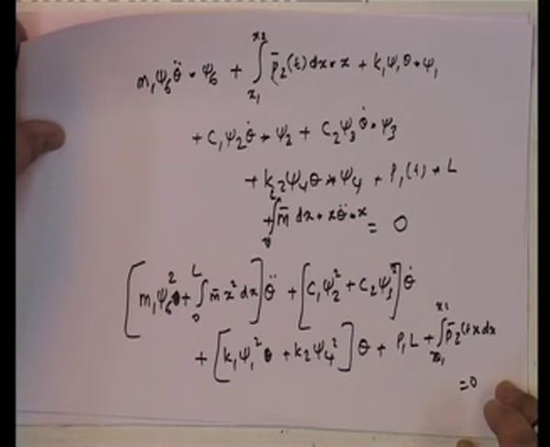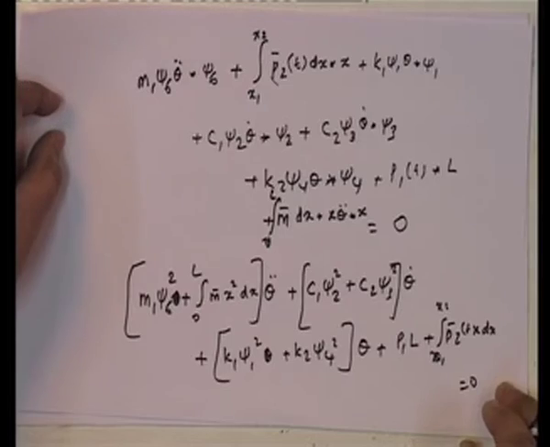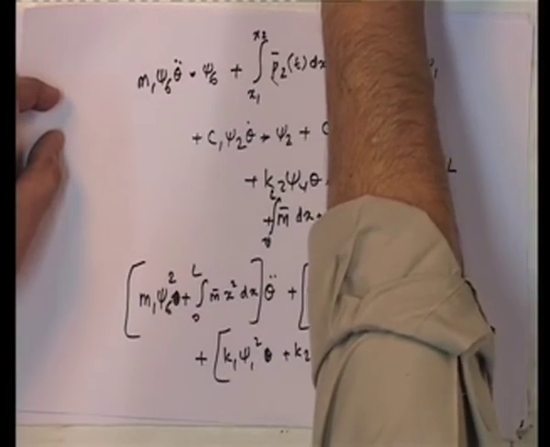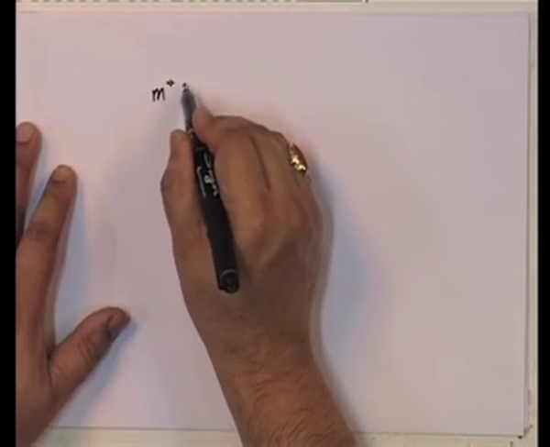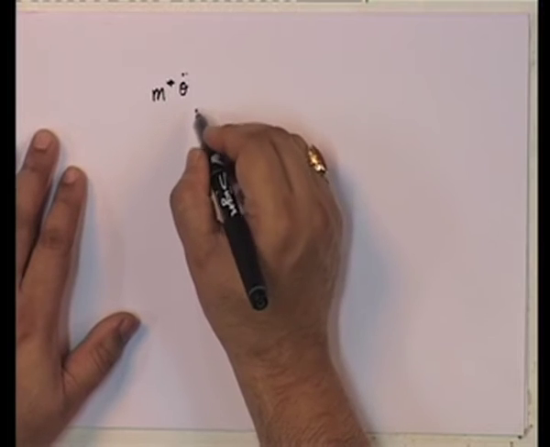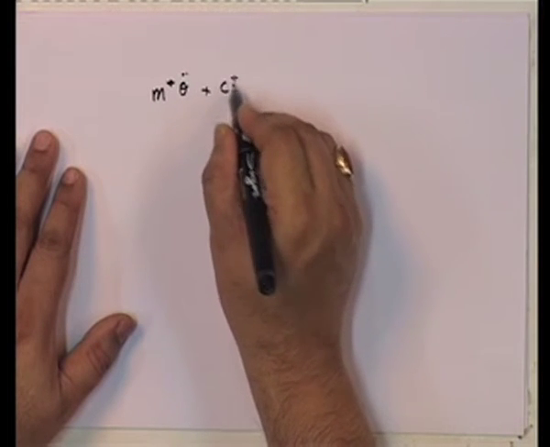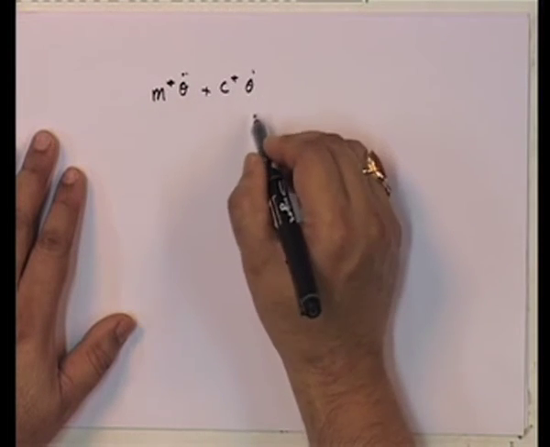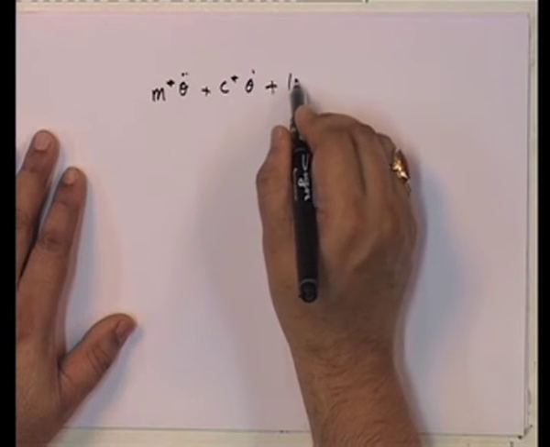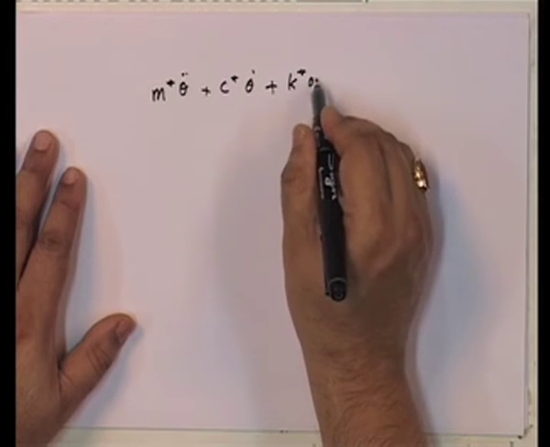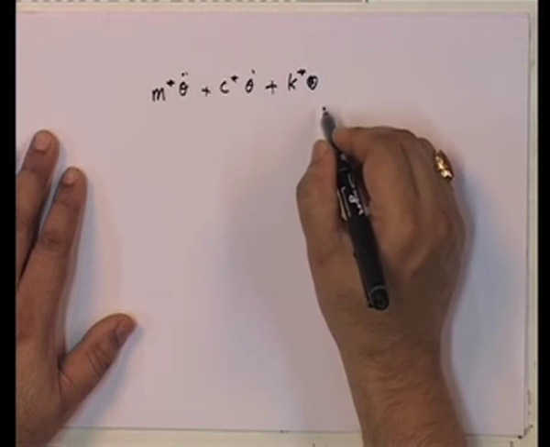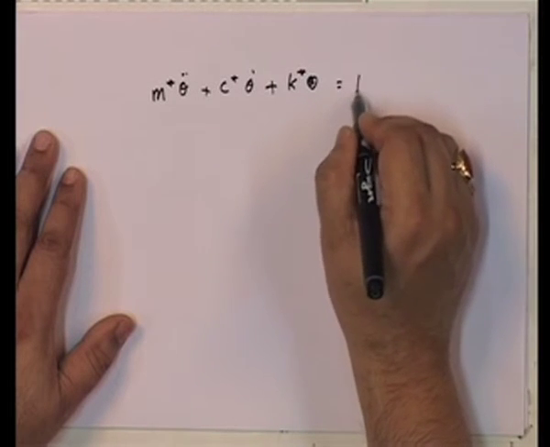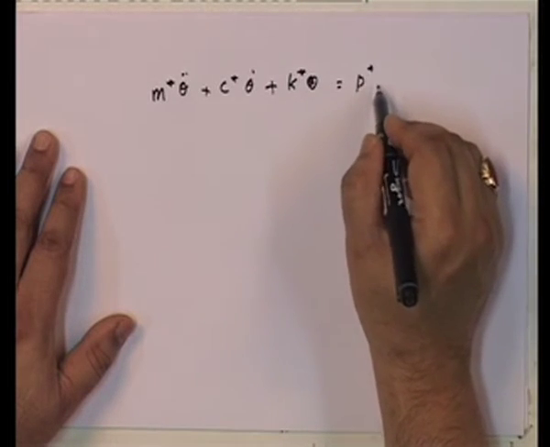So, if I write this in this form, then I am going to write this as m star theta double dot plus c star theta dot plus k star theta is equal to p star of t.